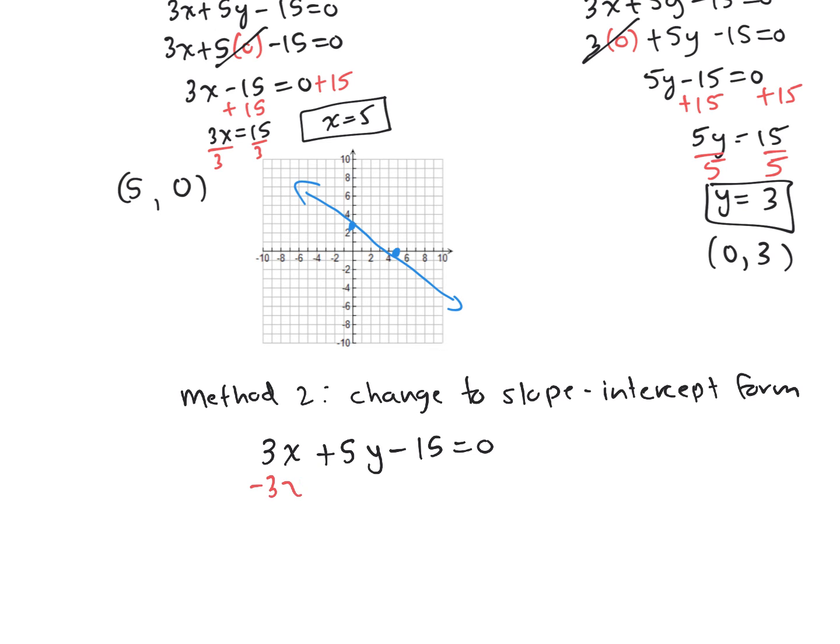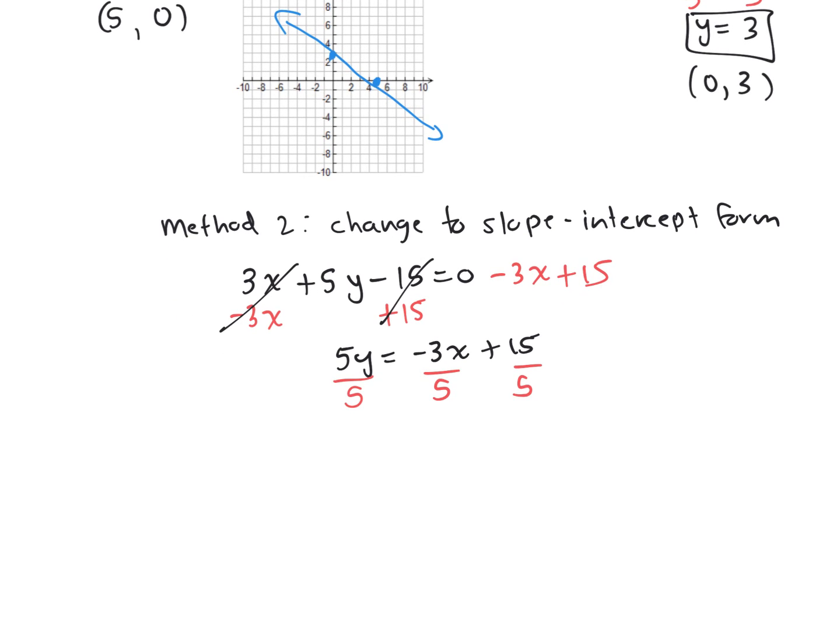So I'm going to move the 3x to the other side and the 15 by doing the opposite. So that gets rid of that, and we're left with 5y equals negative 3x plus 15, and we want y, so we'll divide each term by 5. And that leaves us with y equals negative 3 over 5 x plus 3.